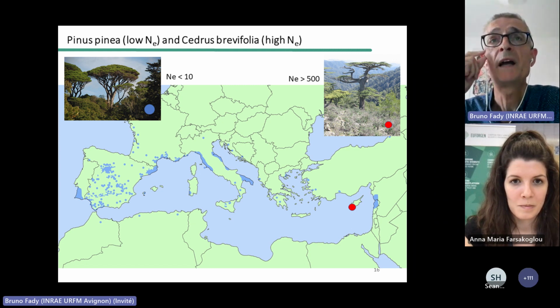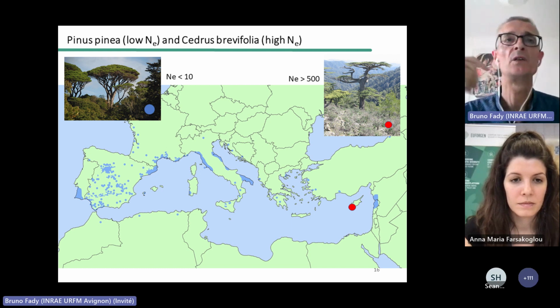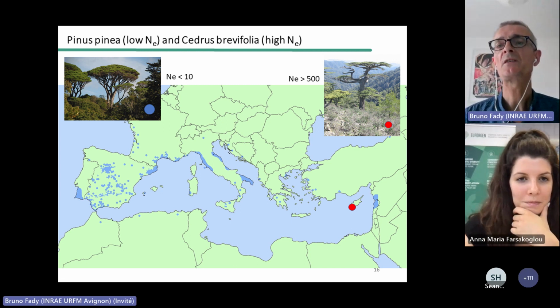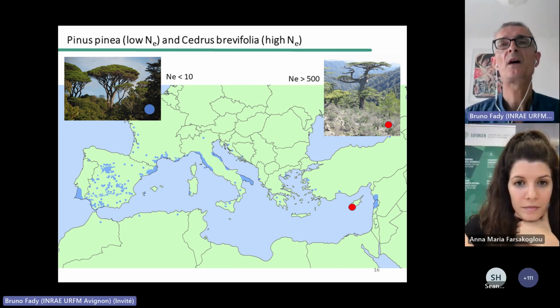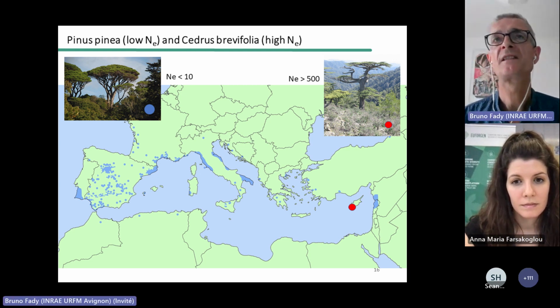Stone pine is located in the Mediterranean, and it covers something like 600,000 hectares. So it's very widespread, even though in some places it might be fragmented. On the other hand, the cypress cedar grows over less than 2,000 hectares.